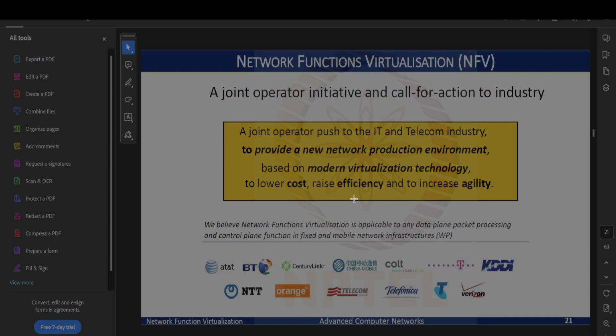Because software came in, the abstraction of how you can configure a firewall or the NAT can be more abstracted, and it made life easier for the operators when network virtualization happened.